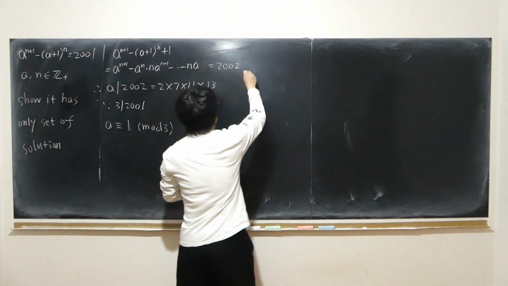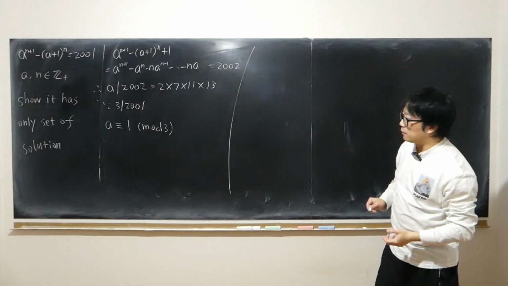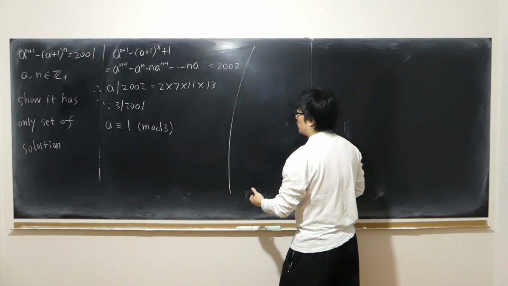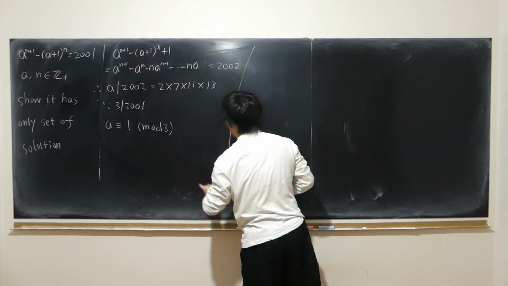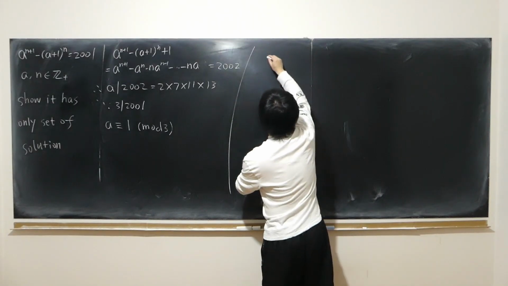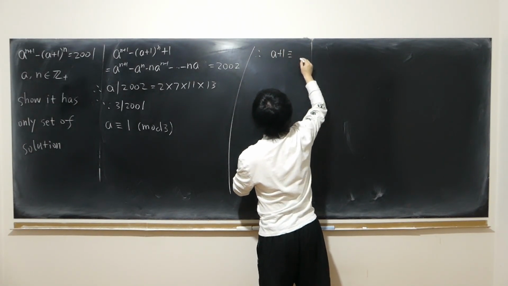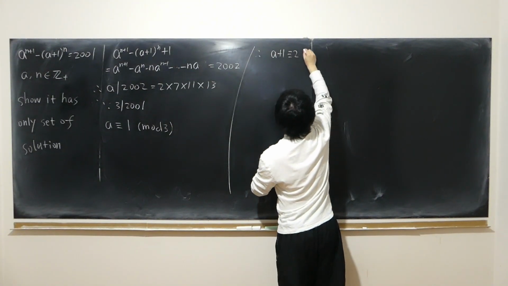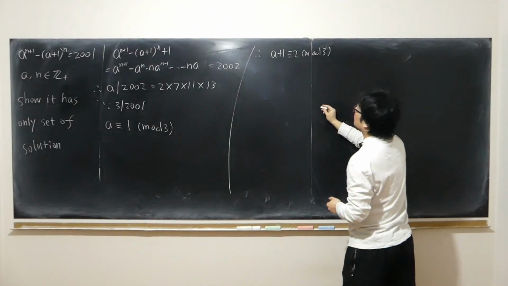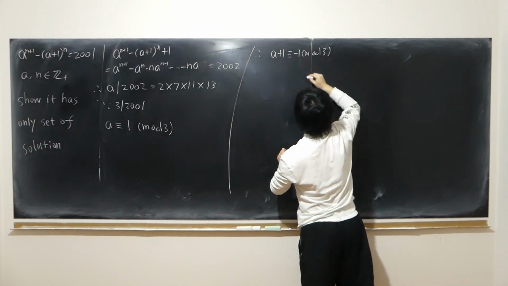Next I claim n has to be even. The reason is that since we already know a is congruent to 1 mod 3, a plus 1 is congruent to 2 mod 3, or you can say negative 1. Right, same thing.